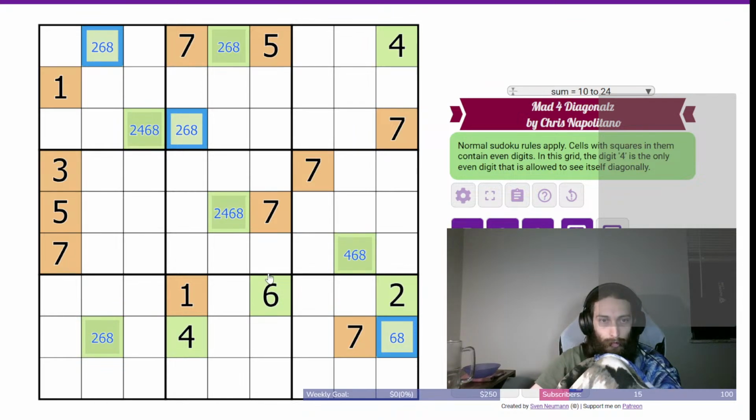So these three are all different. So if we start with this one and make that blue, purple and yellow. I guess I'll go with red.